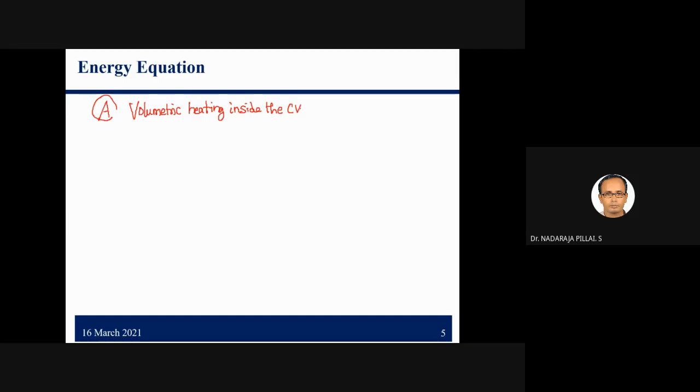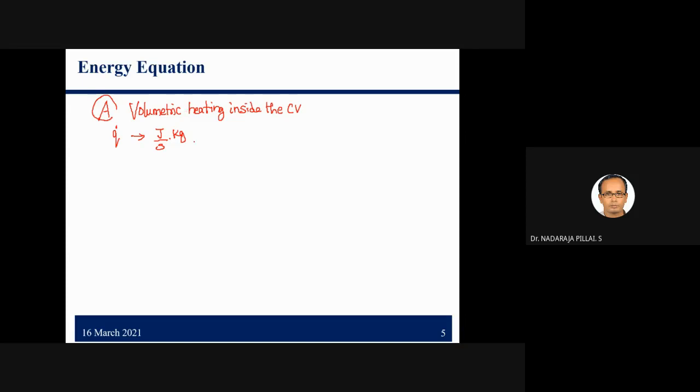We can say that the volumetric heat addition per unit mass is usually denoted by Q dot, right? And the unit is joule per second per kg, right?